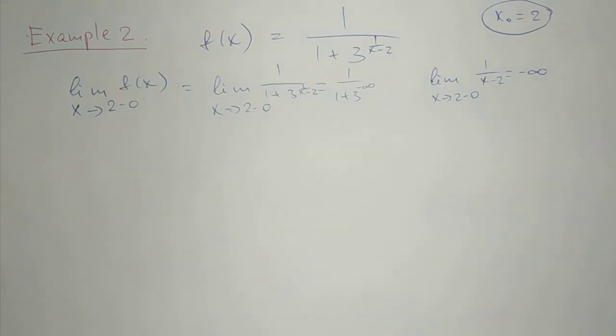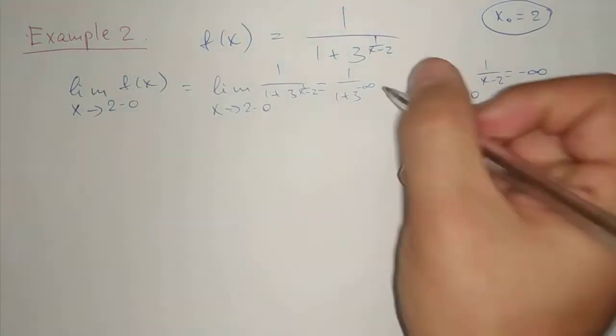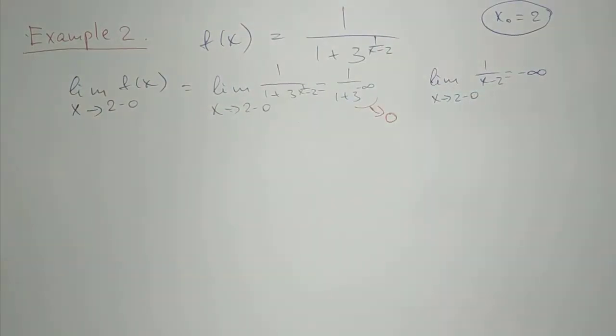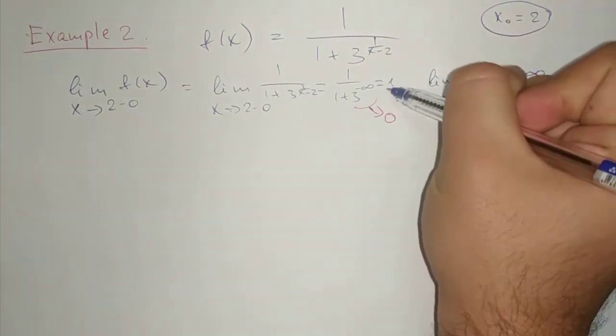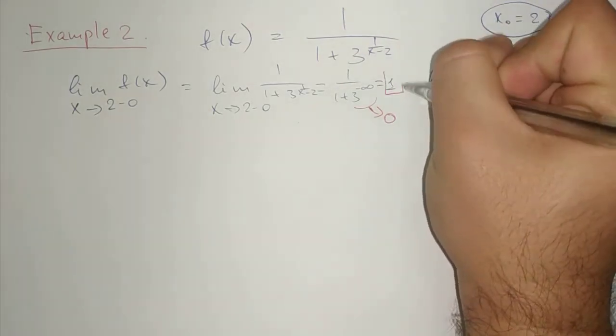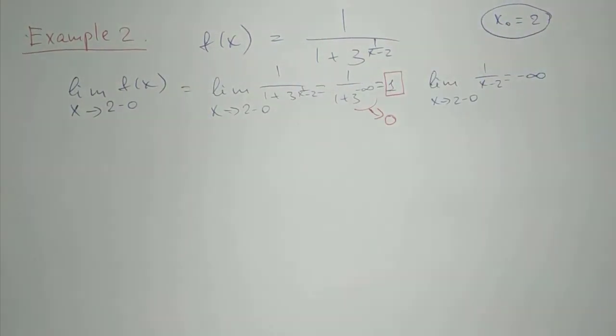It tends to 0. It means we have here just 1. This is the left side limit at the point x equals 2.